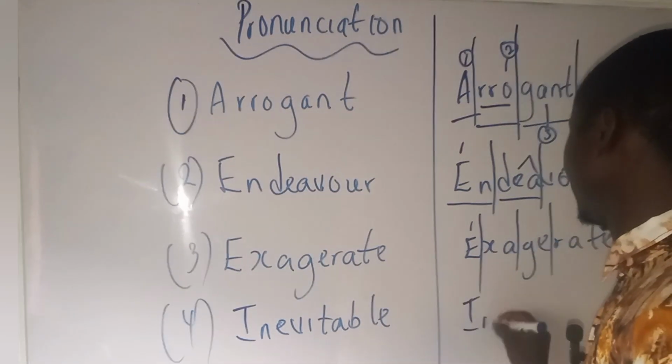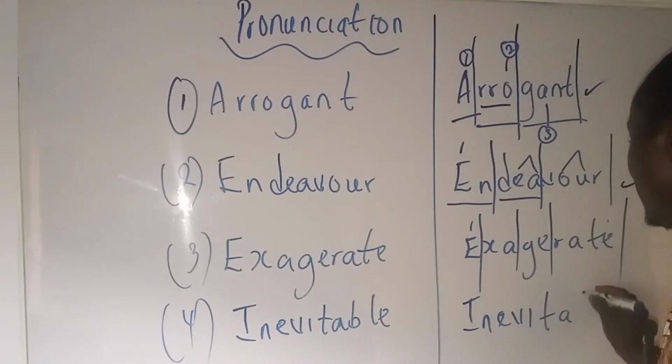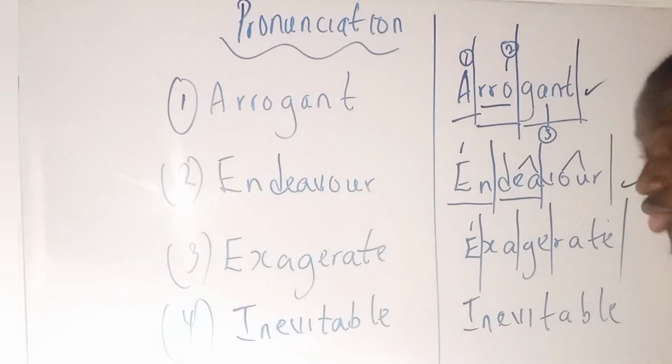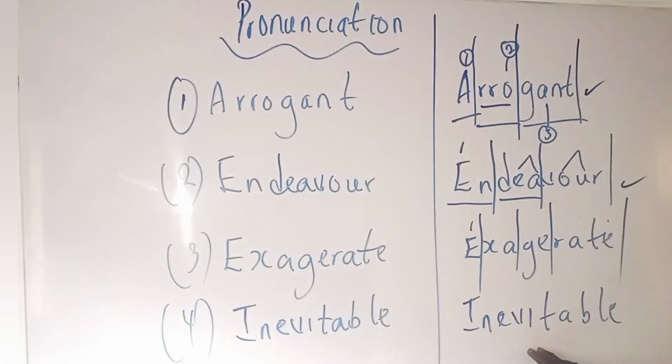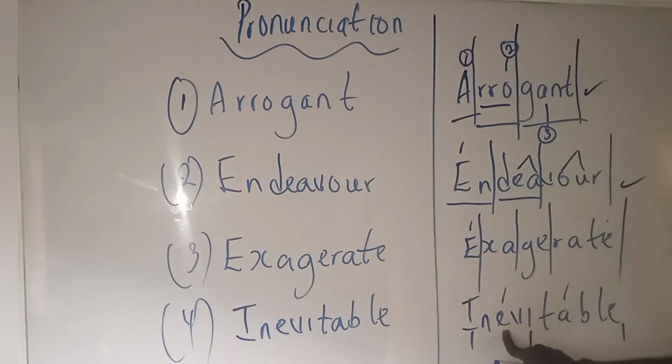We have I-N-E-V-I-T-A-B-L-E. Don't call it at once. Okay? Don't rush and call it. Now what do we do in this? Our vowels: we have I, E, I, A, E. Now how do we go about this? If you check, we have I-N: vowel, consonant, vowel.